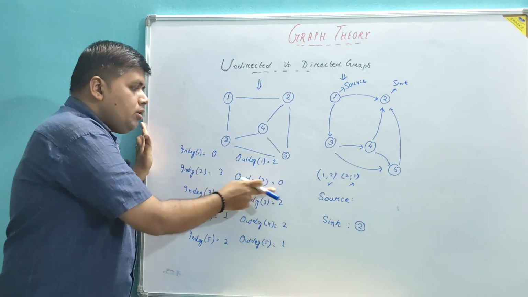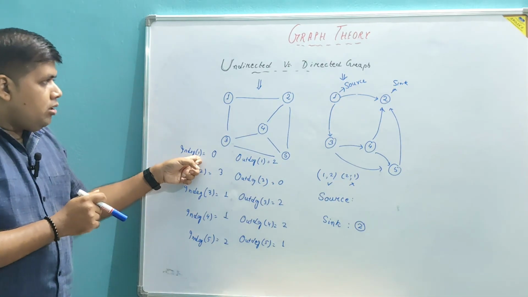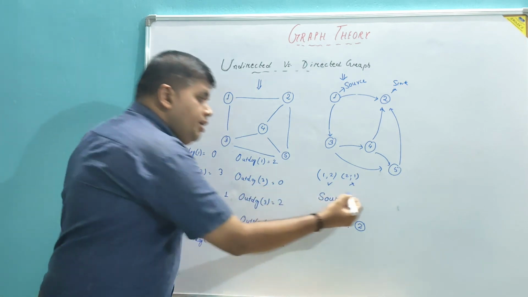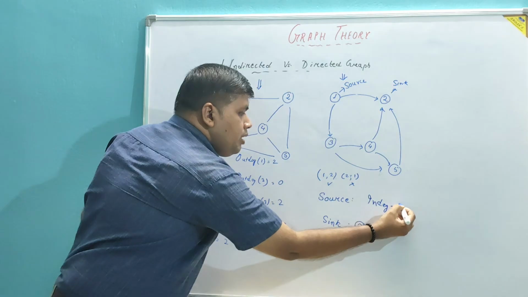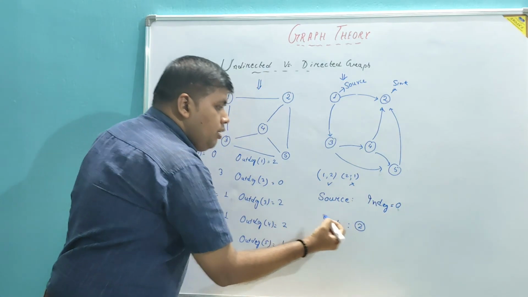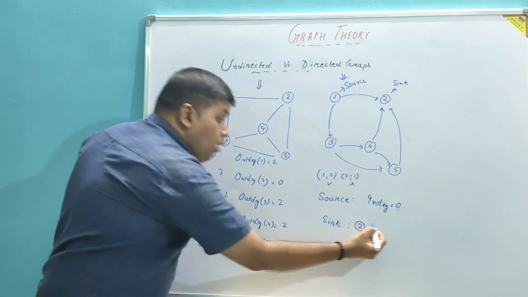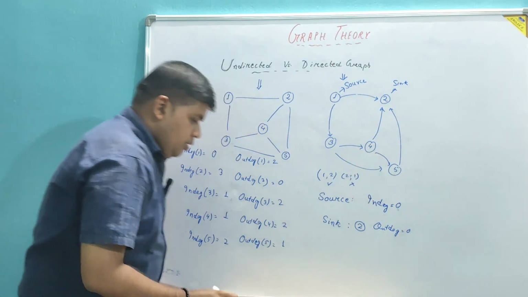However, out degree of 2 is also 0. So for the source, the in degree will be 0. However, for sink, since 2 is a sink, its out degree will be 0.